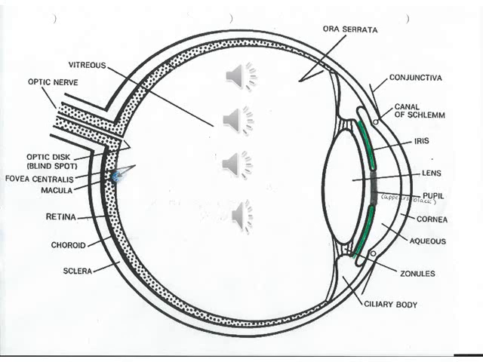Now, in order to restore the focusing power of the lens, in adults, we're going to insert an intraocular lens, an artificial lens. And usually vision is restored so well that patients do not need glasses or maybe only slight reading glasses.